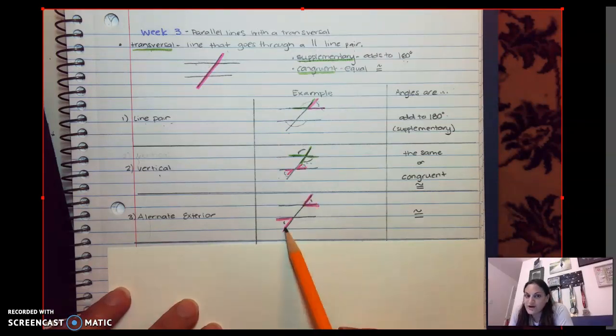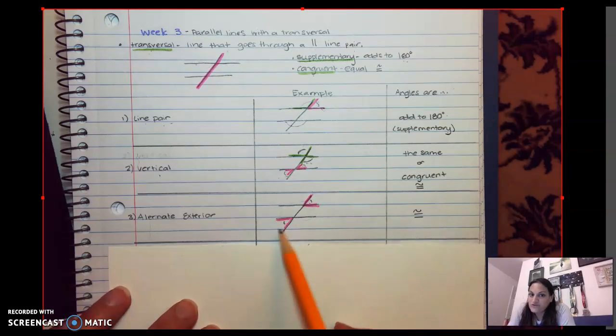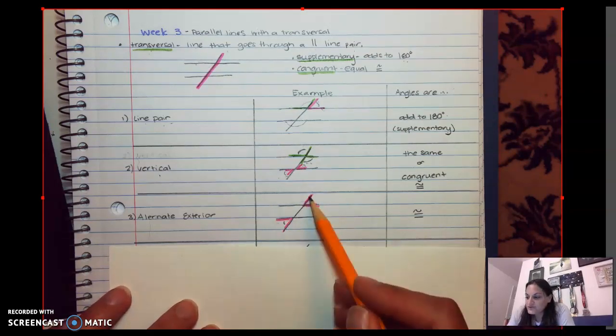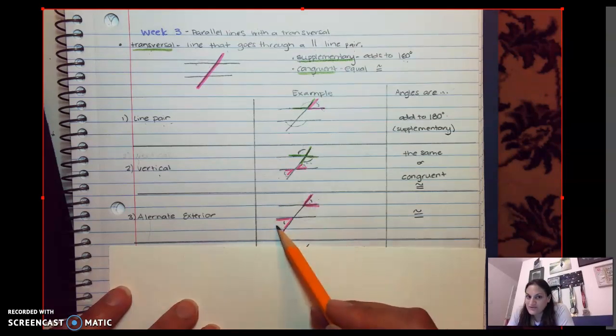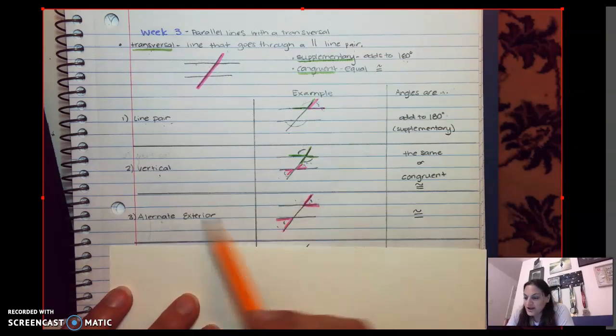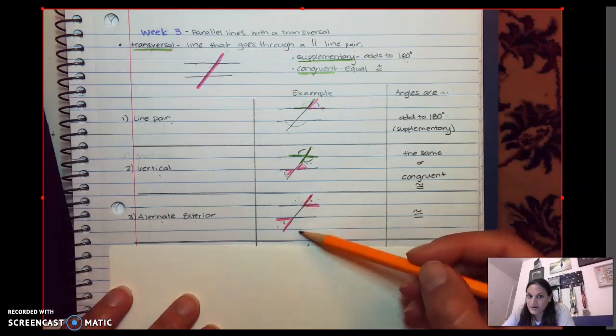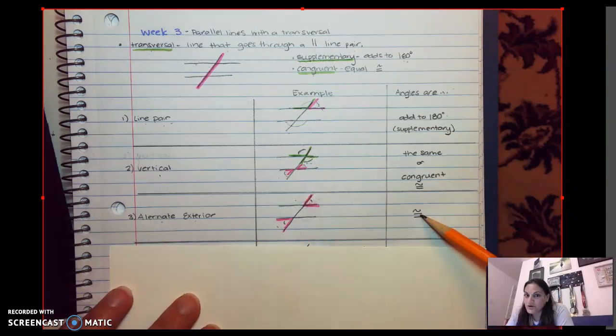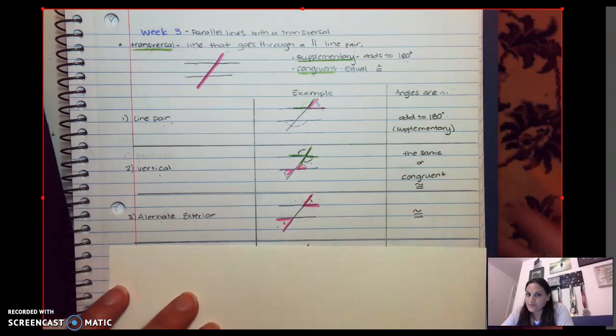Exterior just means outside. Alternate just means that they're on the opposite side of that transversal. This is on the right side of it, and this one is on the left side of that transversal. So those are alternate, meaning the opposite side, and exterior, meaning outside of the parallel lines. These are also congruent angles.